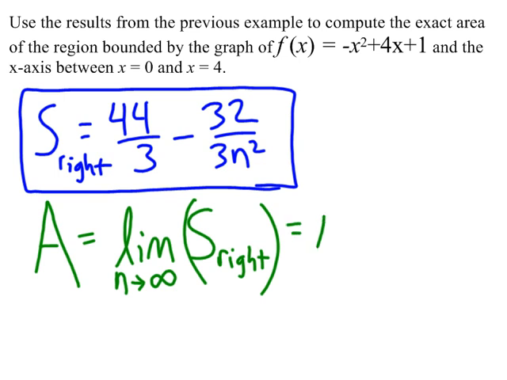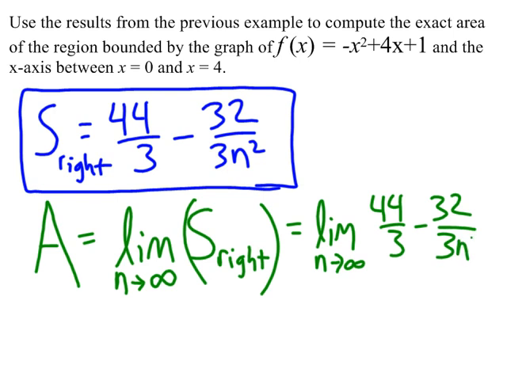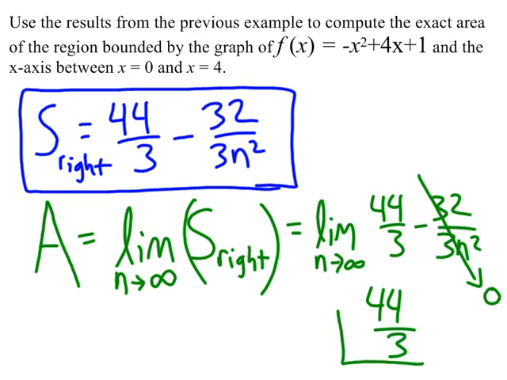And in this case, the limit as n goes to infinity of 44 thirds minus 32 over 3n squared. We see that this term would just go to 0, and our actual area, and this is not an approximation anymore, this is the exact area underneath that parabola, is 44 thirds. Pretty cool, huh?